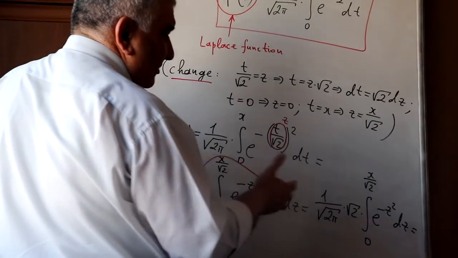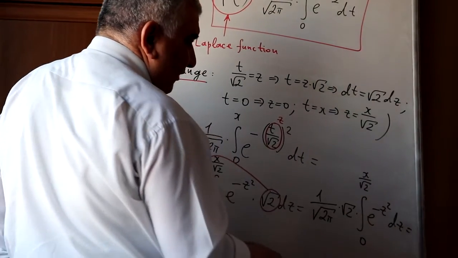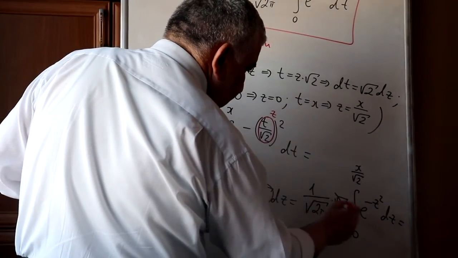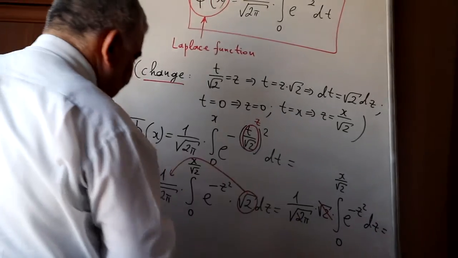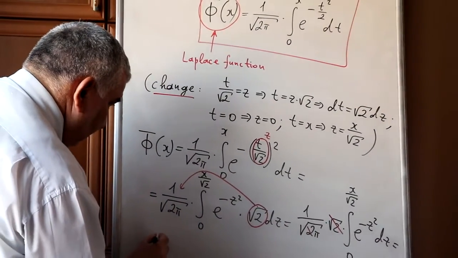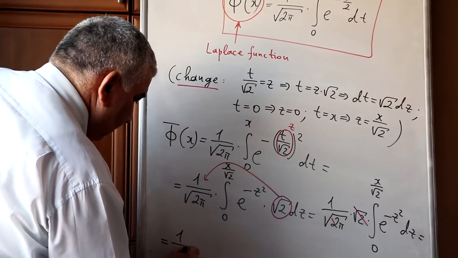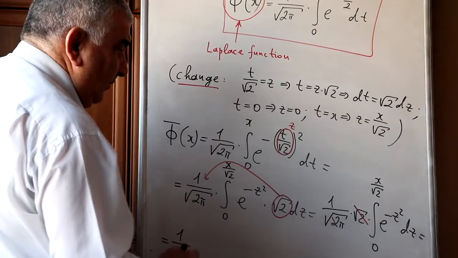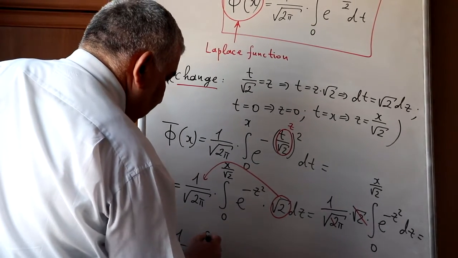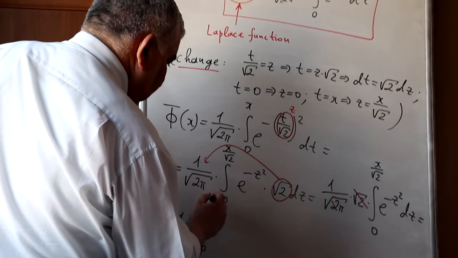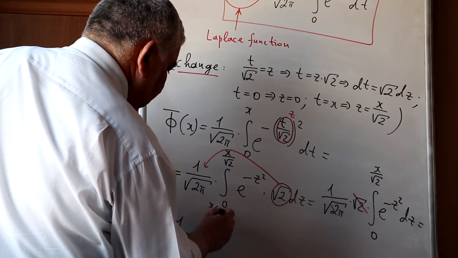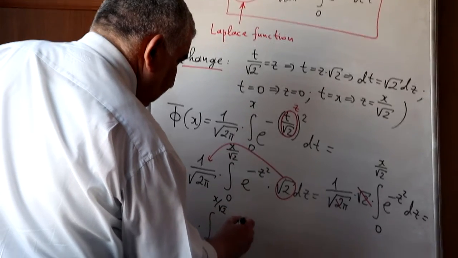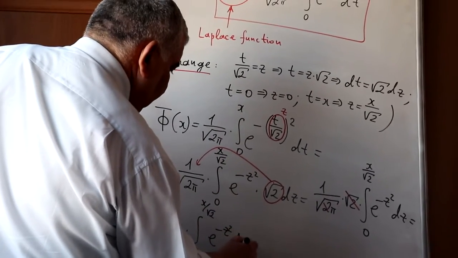We can simplify the coefficient of the integral by square root of 2. Then we'll have 1 over square root of pi multiplied by the integral from 0 to x over square root of 2 of e to the minus z squared dz.